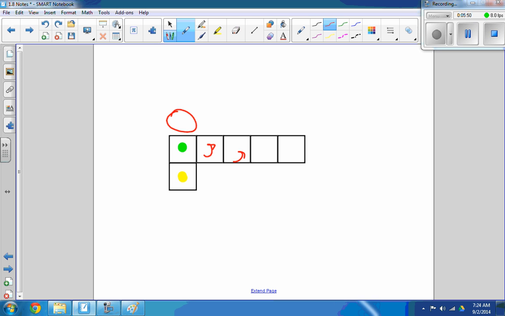This gets flipped up, it becomes the top. This gets flipped up, becomes another side, so this guy gets wrapped all the way around, so he's right here on this side. And then this guy gets folded again, and he actually ends up being the bottom. So that could not create a cube.